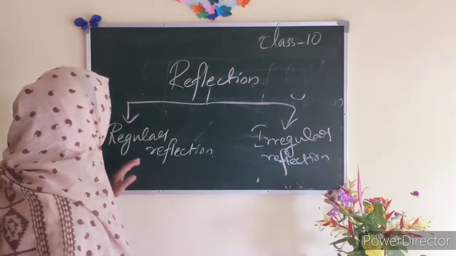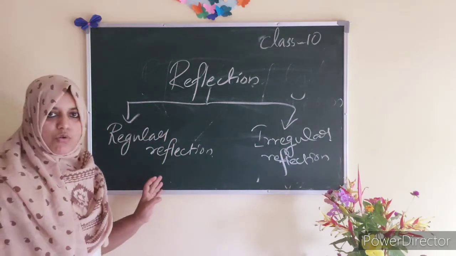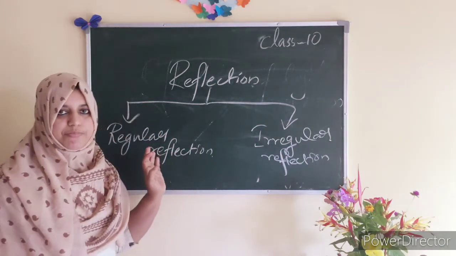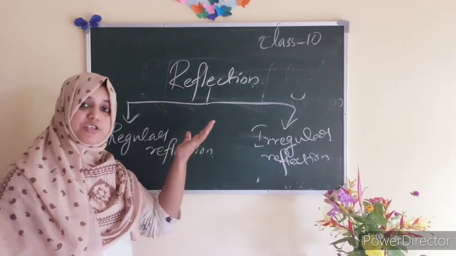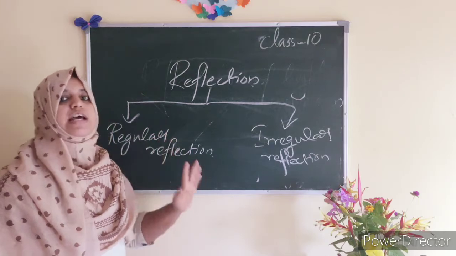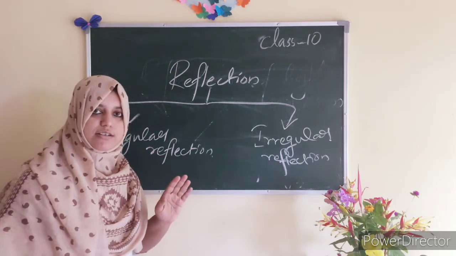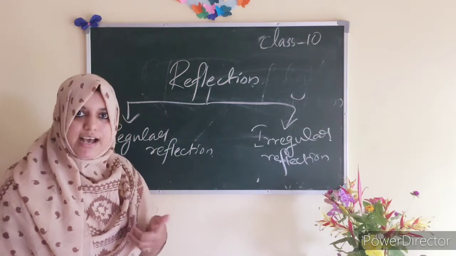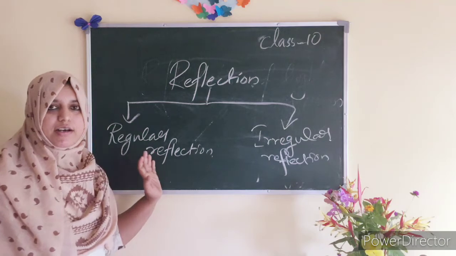Now I am explaining about the first type, regular reflection. We have explained reflection of light, and its definition is over. Next is regular reflection. Concentrate here.